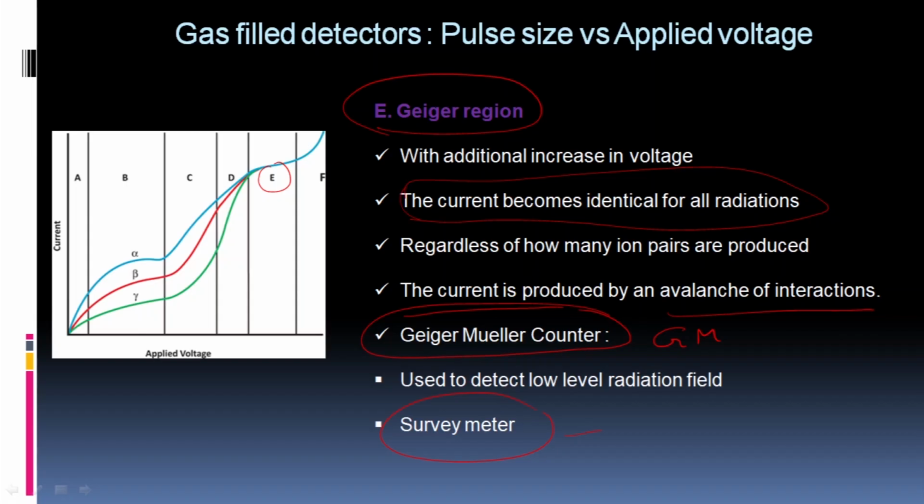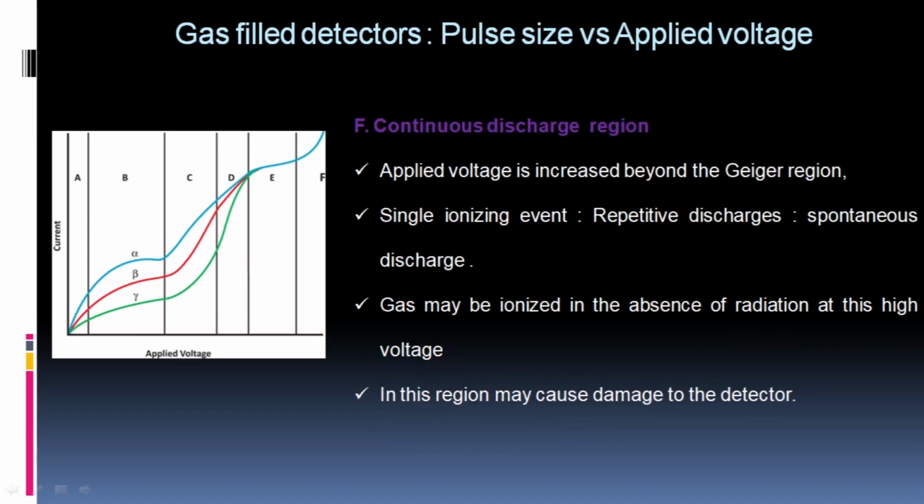And the next part of this pulse size versus applied voltage is the continuous discharge region. If we increase the applied voltage beyond the Geiger region, a single ionizing event will repeatedly discharge and cause a spontaneous discharge.